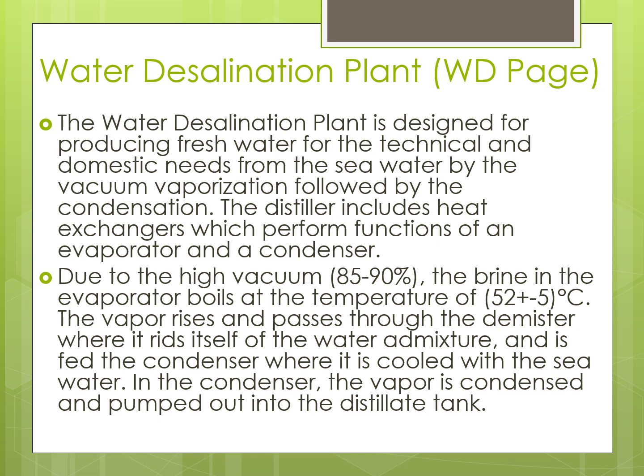Due to the high vacuum, 85 to 90%, the brine in the evaporator boils at the temperature of 52 ± 5 Celsius. The vapor rises and passes through the demister where it rids itself of the water admixture and is fed to the condenser where it is cooled with the seawater. In the condenser, the vapor is condensed and pumped out into the distillate tank.